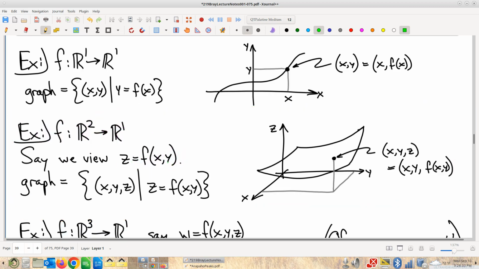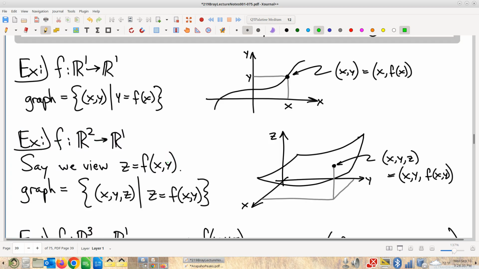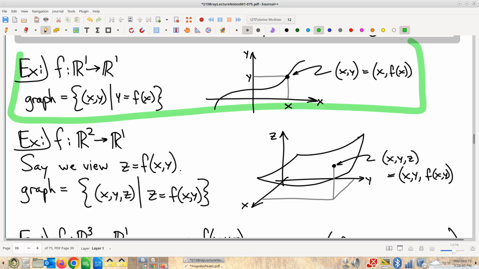Okay, so great. Now, it would be reasonable to suspect at this point that maybe this is how we visualize functions in multivariable calculus. I mean, this construction is almost the only picture we ever draw of single variable functions. Every picture you draw of a single variable function in single variable calculus, they're all graphs.